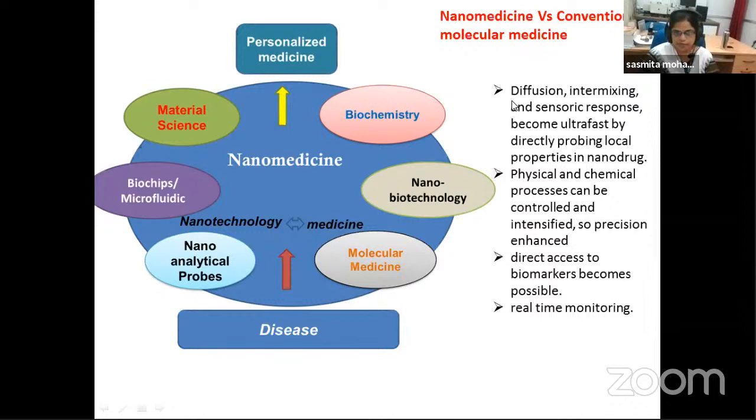In nanomedicine, the diffusion, intermixing, and sensoric response become ultra fast by directly probing local properties in the nanodrop. Physical and chemical processes can be controlled and intensified, so precision is enhanced. And there is direct access to biomarkers, which is not possible in conventional molecular medicine.